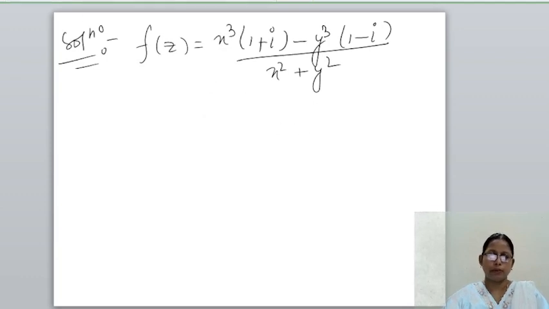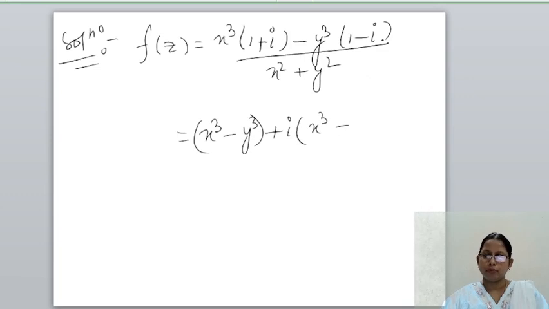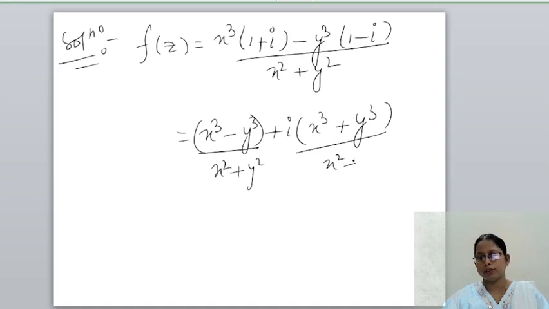Separate the given function into real and imaginary parts. Write the real part with real part and imaginary part with imaginary part: (x³ − y³)/(x²+y²) + i(x³ + y³)/(x²+y²).